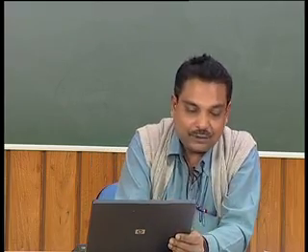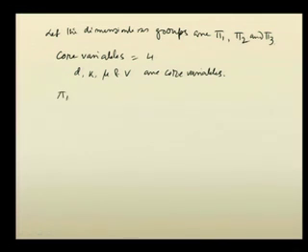Then we will write pi 1 as d to the power a, k to the power b, mu to the power c, v bar to the power d, and rho. Rho is another variable I am putting over here, so the power of rho is being taken care of by a, b, c, d.